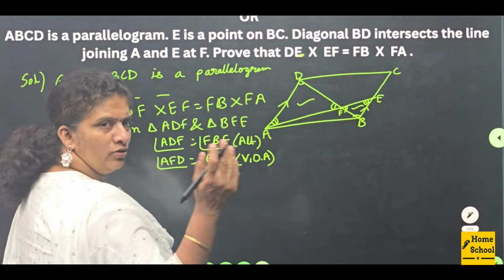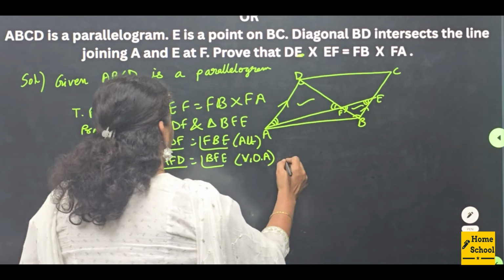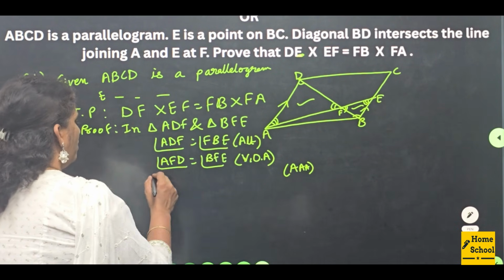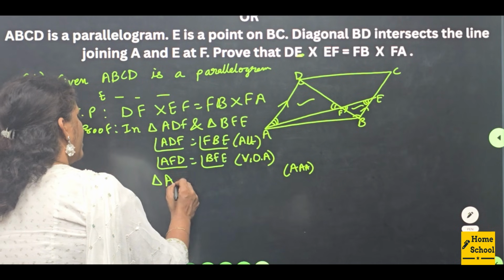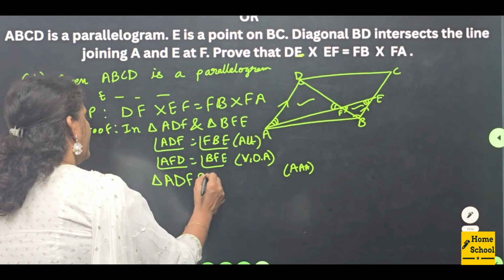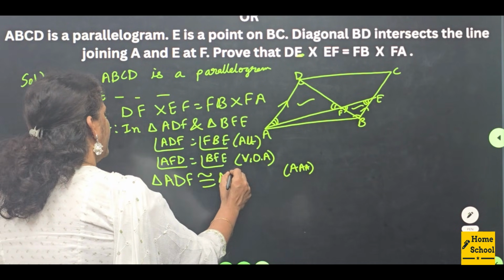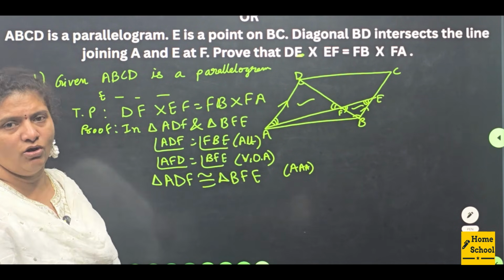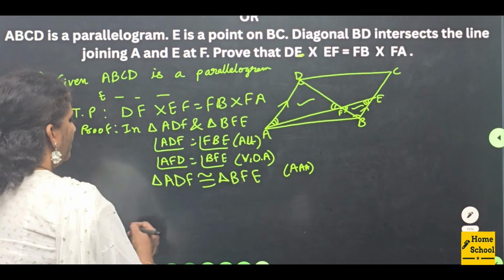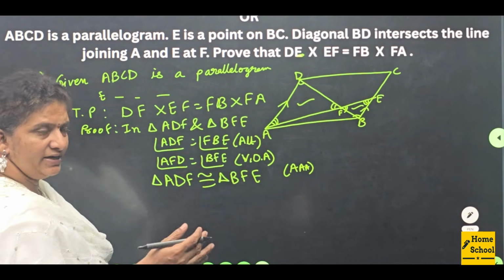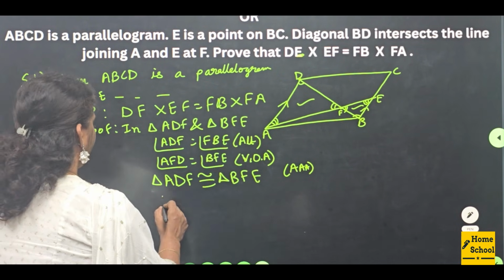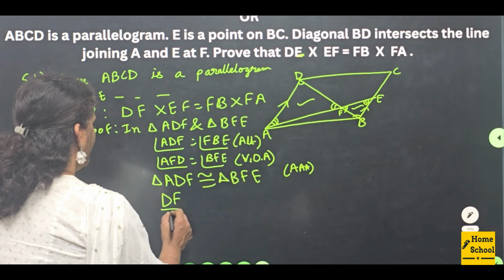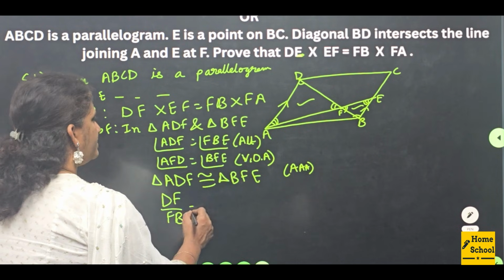You can write one more angle and say, therefore, by AAA similarity criteria, triangle ADF is similar to triangle BFE. If they are similar, then equate their ratios of sides.